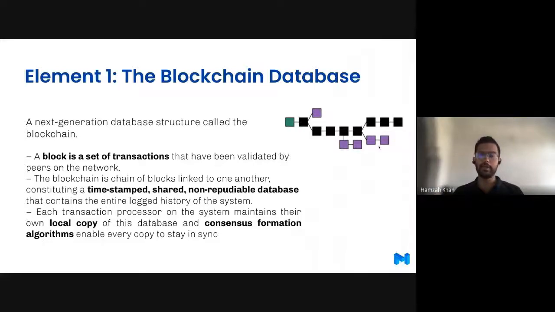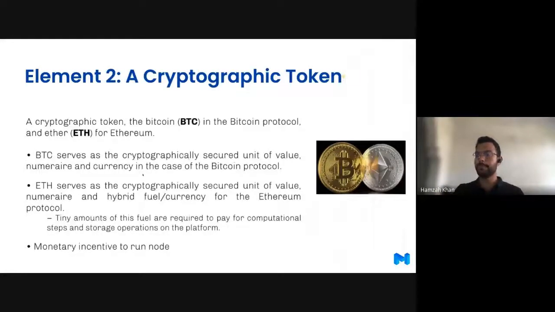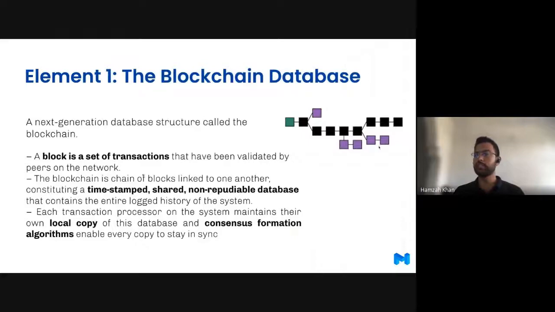You cannot tamper with it, basically. So that is what a blockchain is. There are blocks in each link of that linked list, and blocks are time stamped, similar to a Unix timestamp. It is shared. You cannot edit or tamper with it. It is like a database, but you cannot tamper with it.